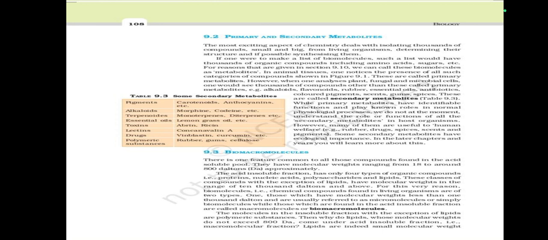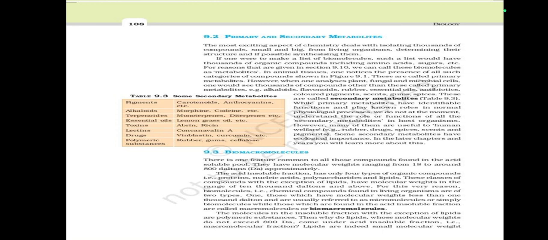These are called secondary metabolites, table 9.3, while primary metabolites have identifiable functions and play known roles in normal physiological processes. We do not at the moment understand the role or functions of all the secondary metabolites in host organisms.